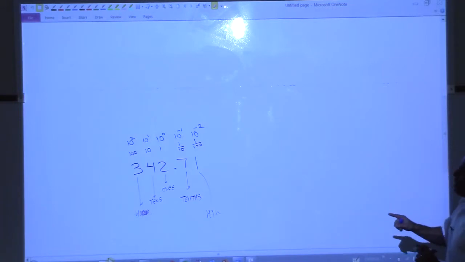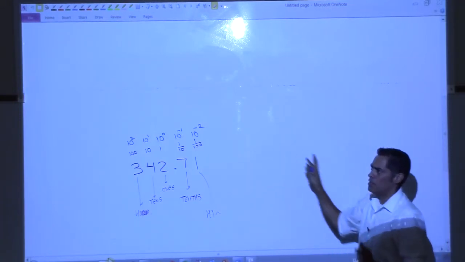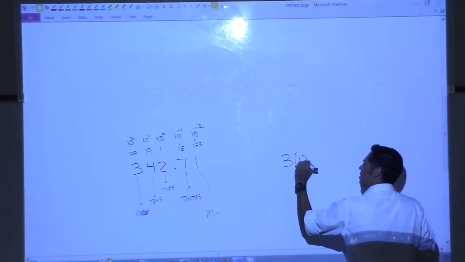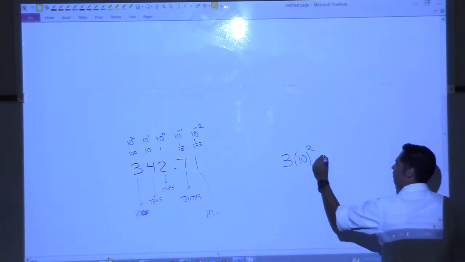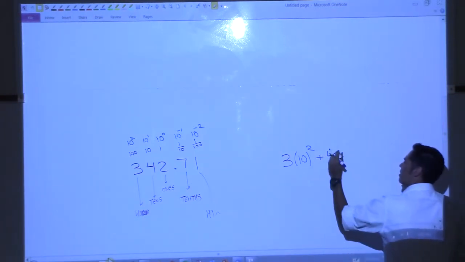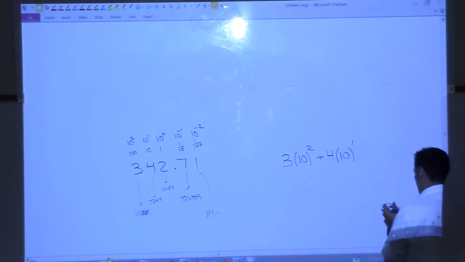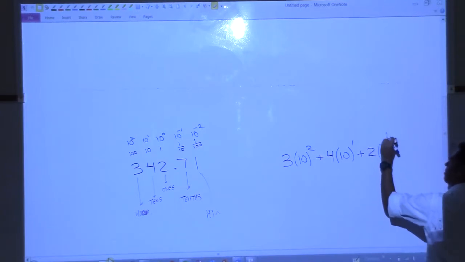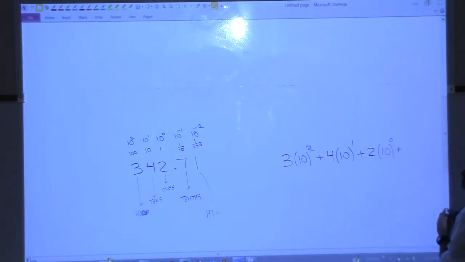So one way I could write this, if I didn't want to use this notation, if I want to use a different notation, I could say, all right, the 3 represents how many 10 to the 2's I have, plus the 4 is how many 10 to the 1's I have, plus the 2 is how many 10 to the 0's I have, plus 7 is how many 10 to the negative 1's I have, and then finally 1 is the number of 10 to the negative 2's I have.